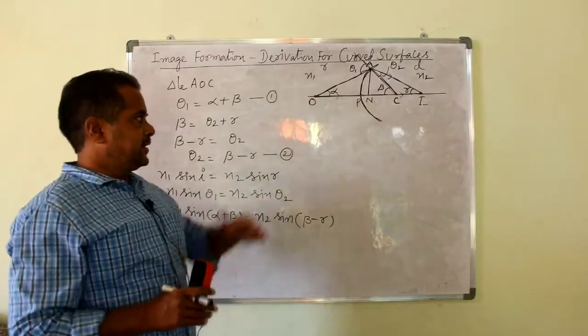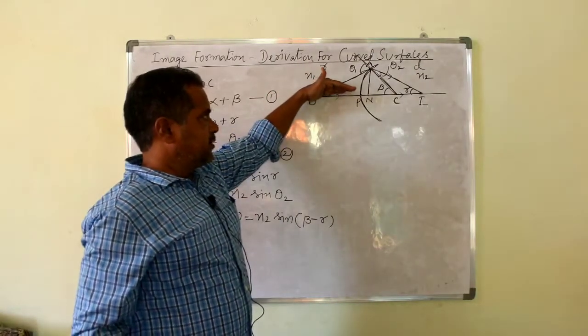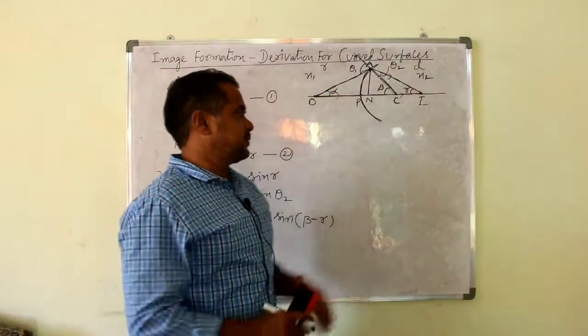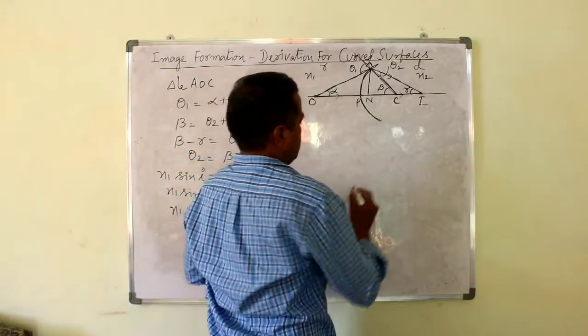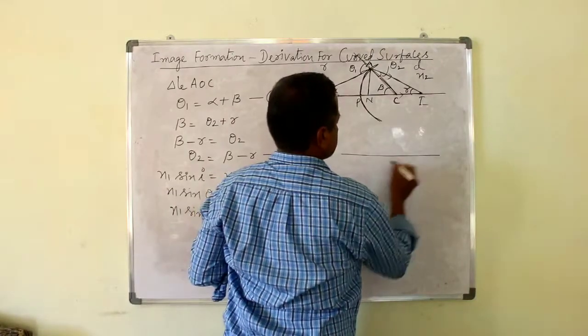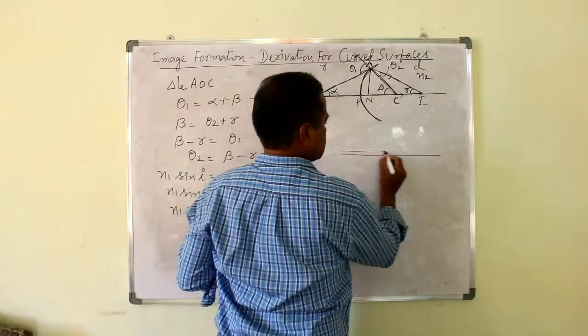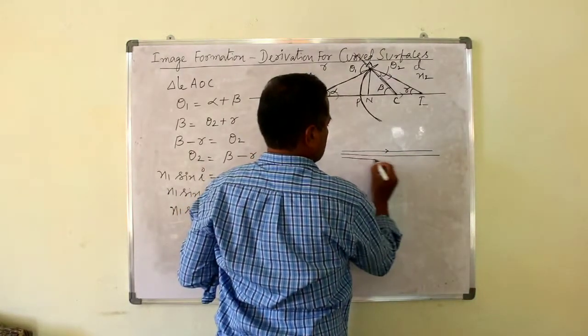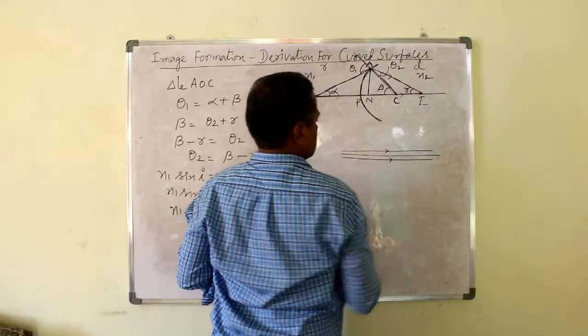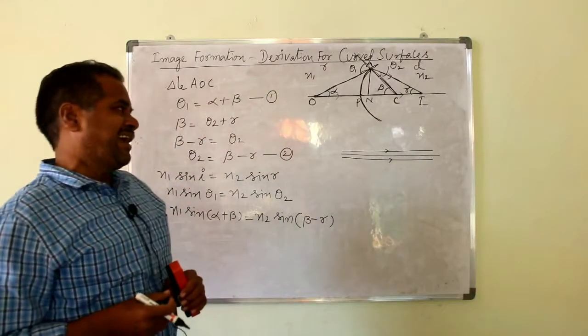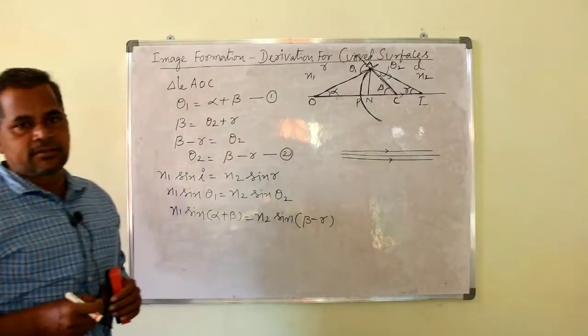If light rays move very near to the principal axis, those rays are called paraxial rays.